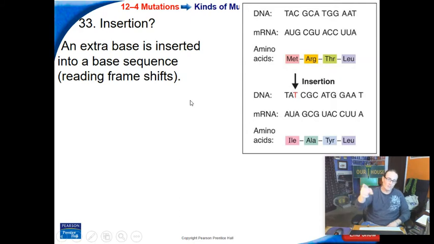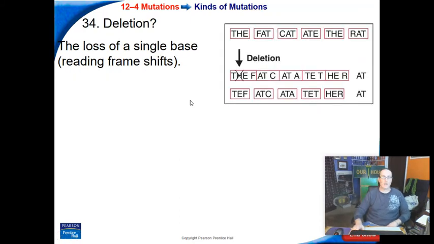All right, moving ahead. Deletion, same idea. I like this one because it actually gives you some words. The fat cat ate the rat. Now we delete this H, which of course would be an A, T, C, or G in DNA.